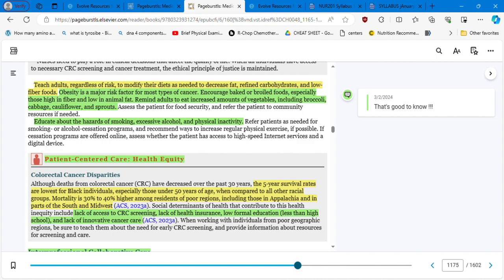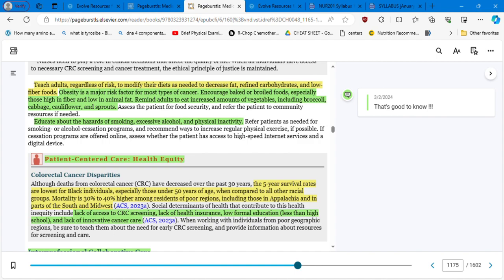Encourage baked or broiled food, especially those high in fiber and low in animal fat. Remind adults to eat increased amounts of vegetables, including, and this is the most important part of this lecture, I will say, broccoli, cabbage, cauliflower, and sprouts.